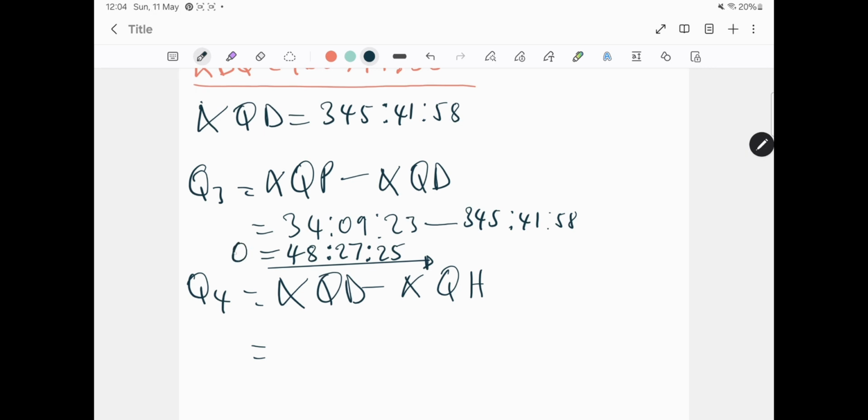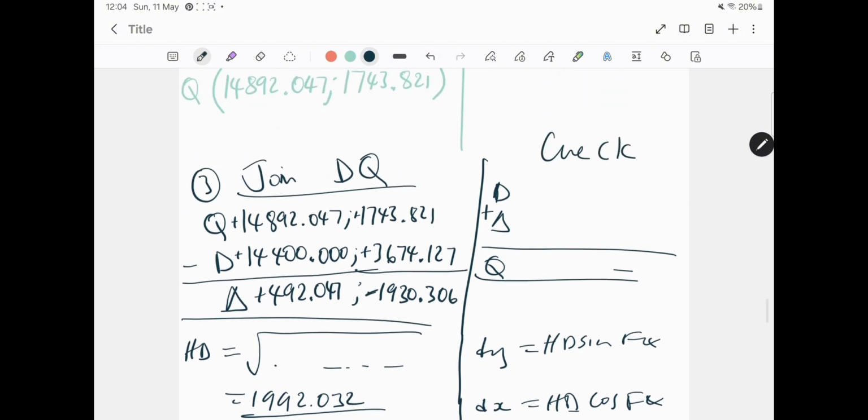This is my Q3 here. For Q4 it's QD. Our QD, we found it as 345 41 58 minus QH. Our QH, we found it somewhere.